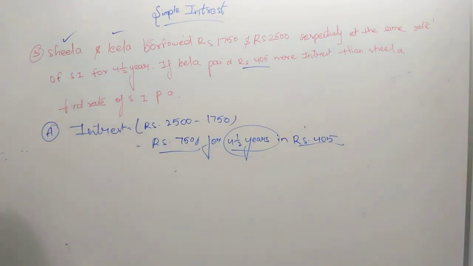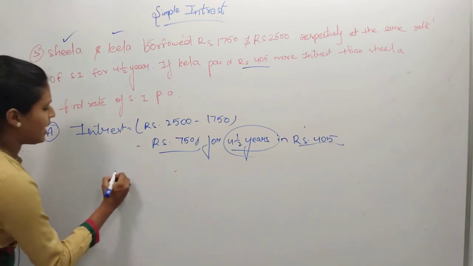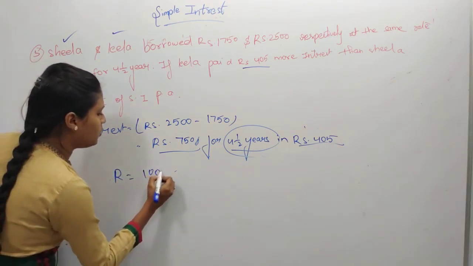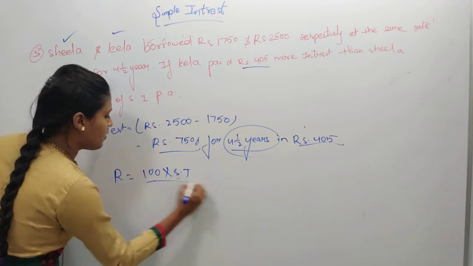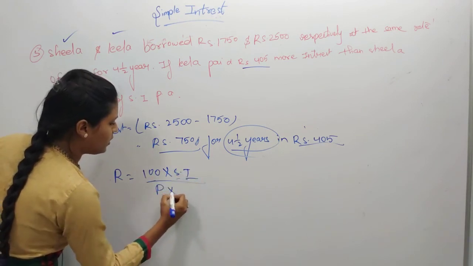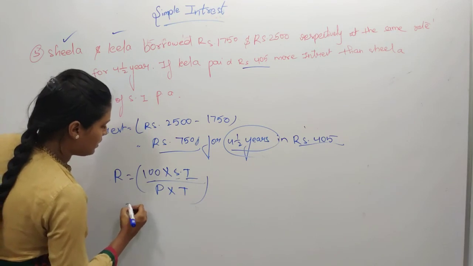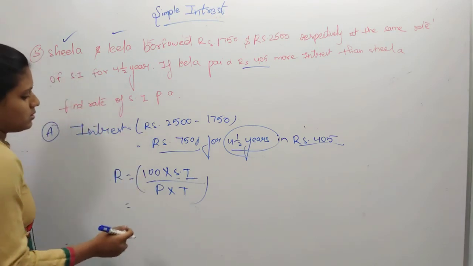Now directly we will solve the problem. What is the rate formula? Rate is equal to 100 into SI by P into T. Now substitute it.